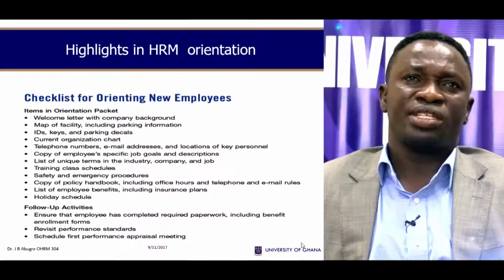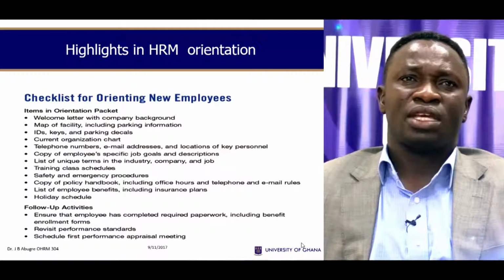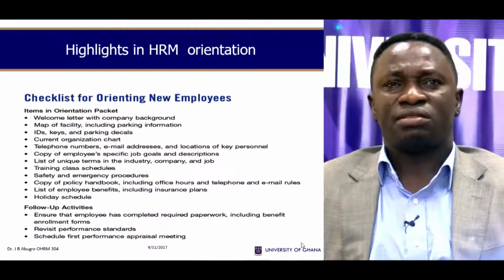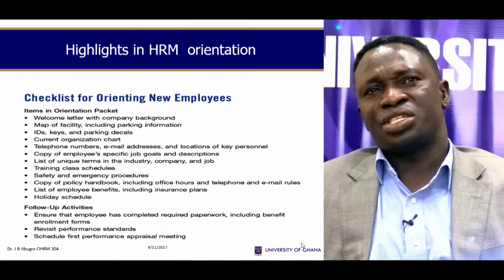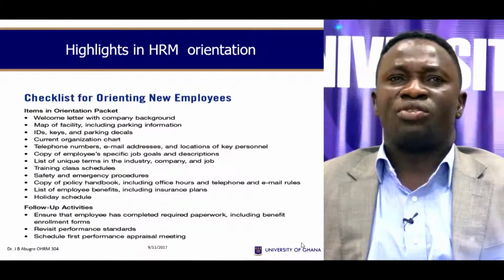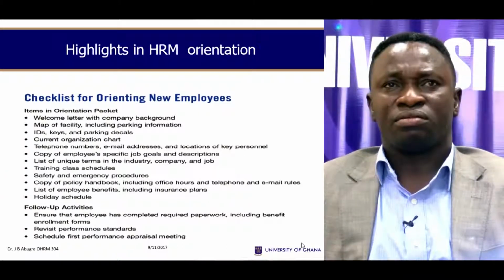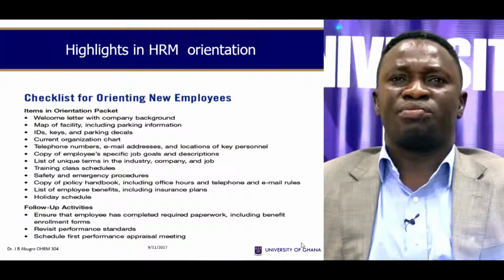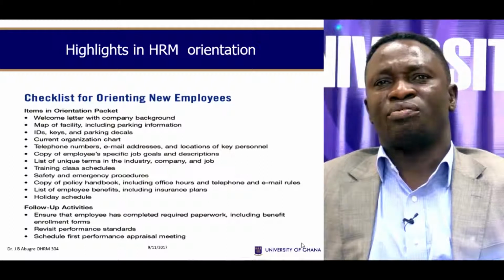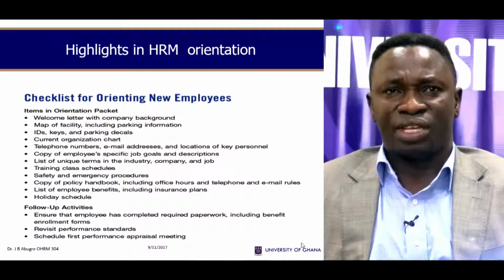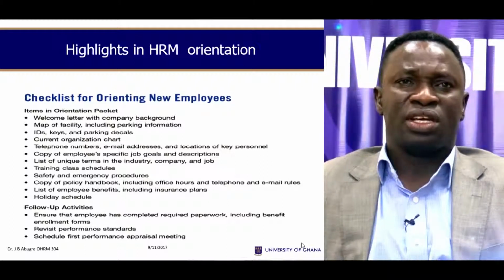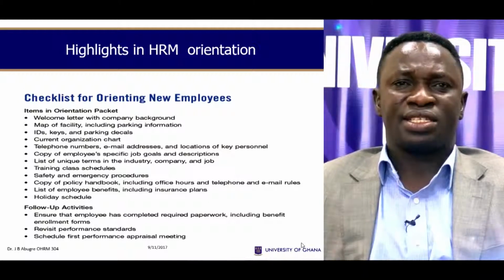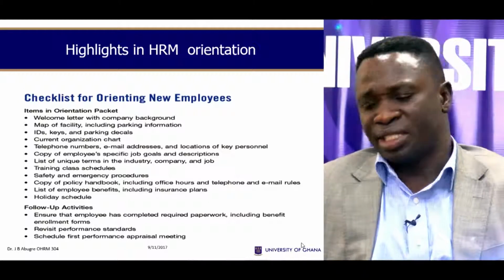Perhaps they'll give you an organizational chart. We also have training classes schedule, safety and emergency procedures, holiday schedules and so on. Follow-up activities are also to ensure that the employee has completed required paperwork, including benefits enrollment forms, revisit performance standards, schedule first performance appraisal meeting, and so on.